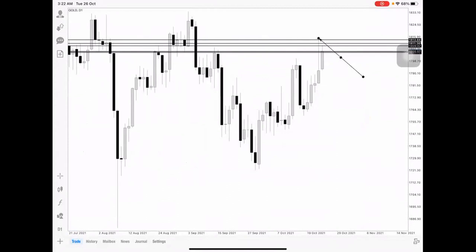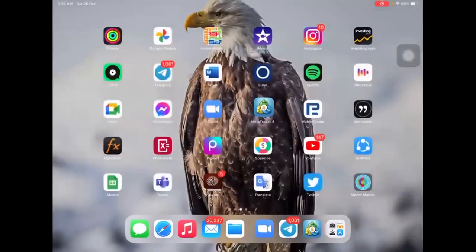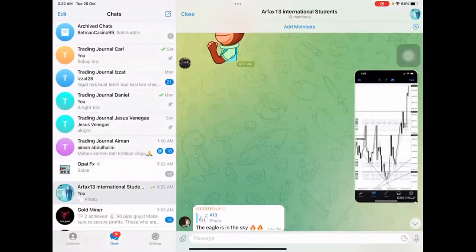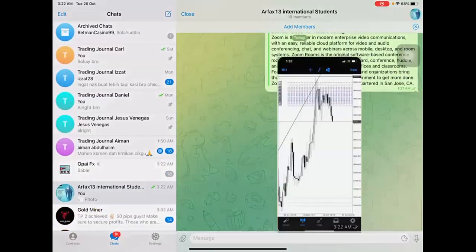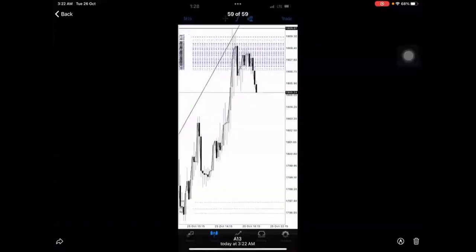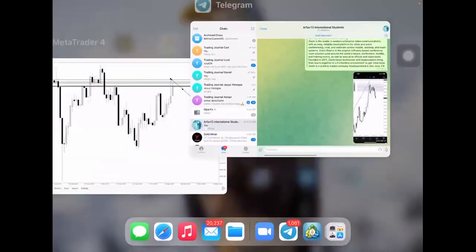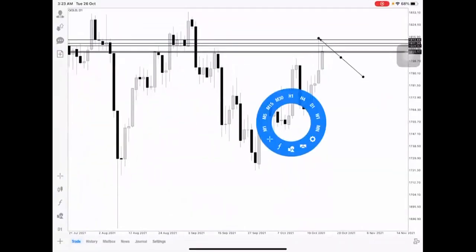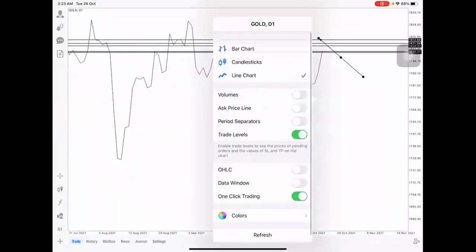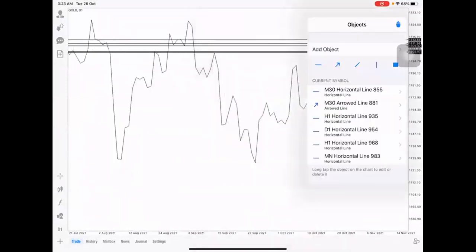Did you sell, Jason? No, I got cut loss. Yeah, okay, I didn't see the monthly level. I'm using stop loss at 1830, 1813. This one. So I'm still waiting for the closing candle.